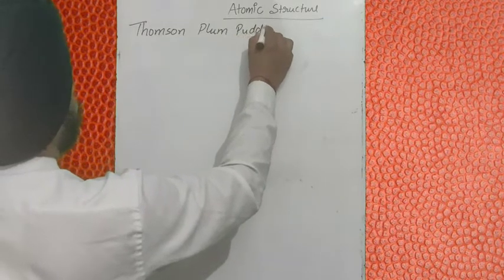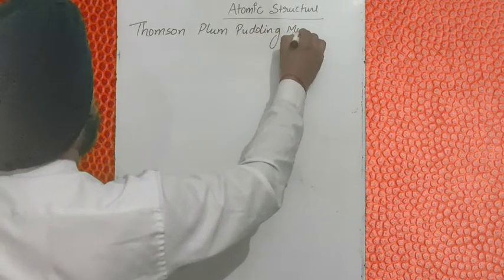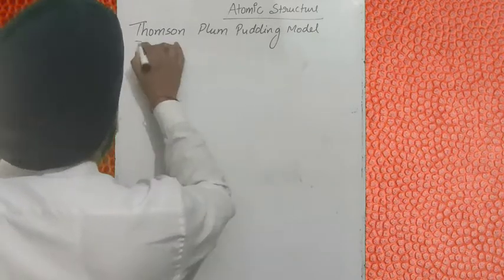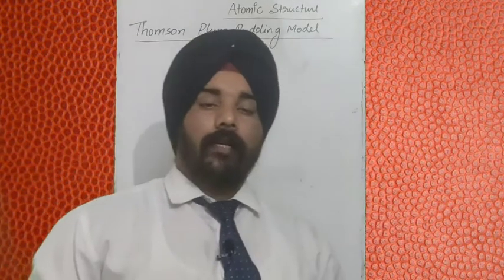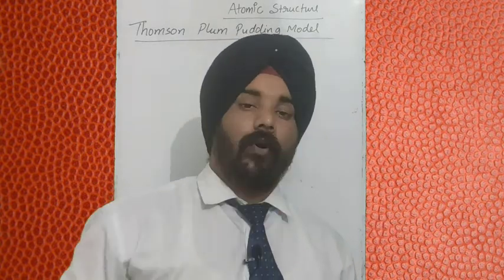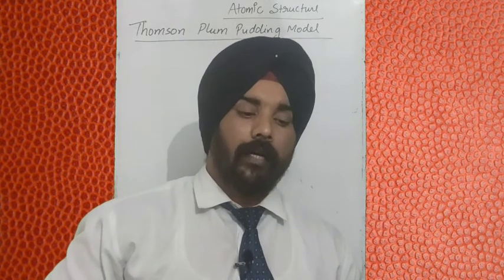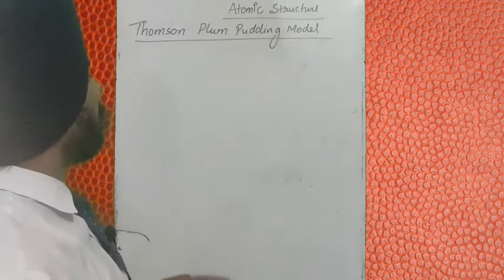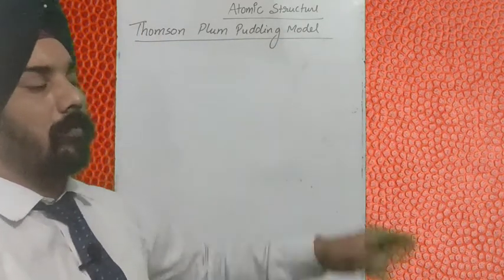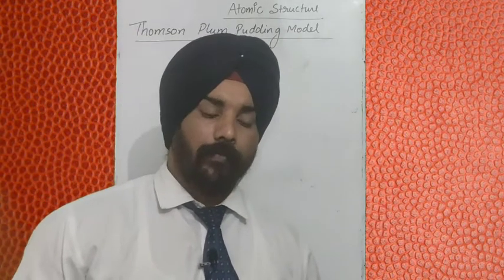He has given the first atomic model to us, and his model is also called the watermelon model. And we also call it the raisin pudding model. Thomson plum pudding model, raisin pudding model, or watermelon model.